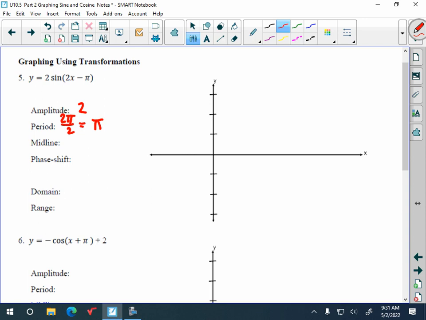Our midline is going to be y equals 0 because there's no D value in this problem. Our phase shift, we're going to do C over B, so that's pi over 2, and that means it's going to shift to the right. Our domain is always going to be -infinity to +infinity for these graphs. And the range we'll get after we get the graph in there.